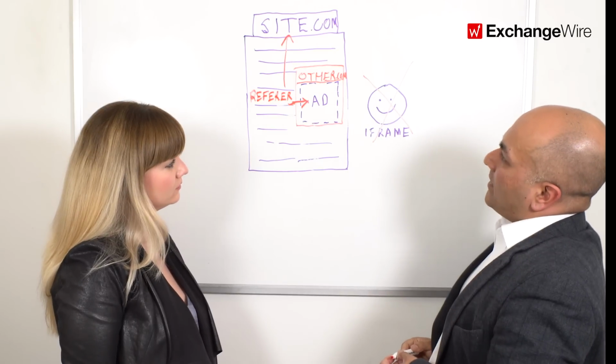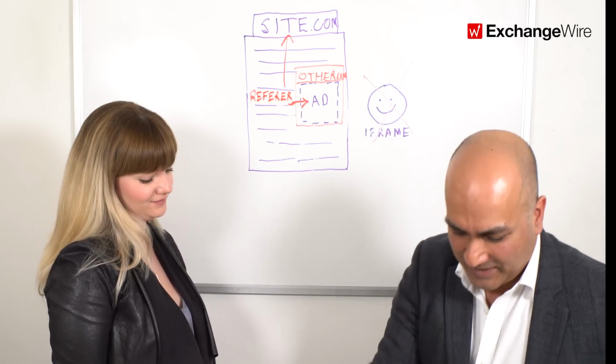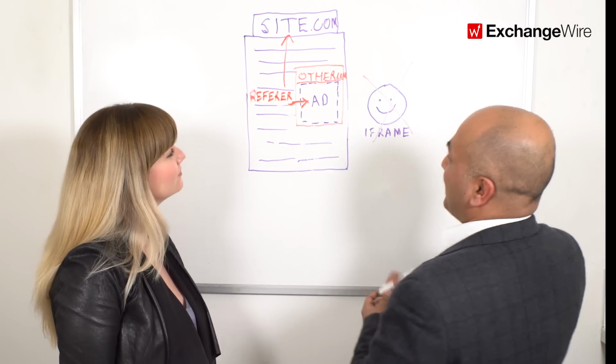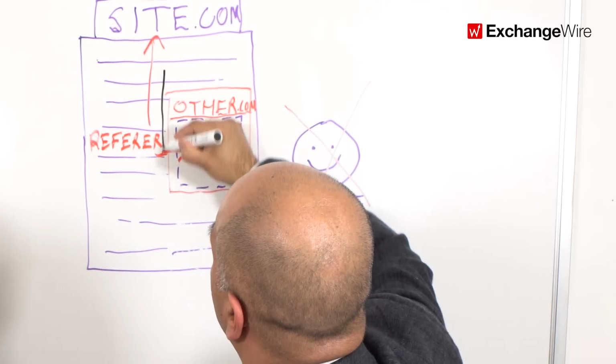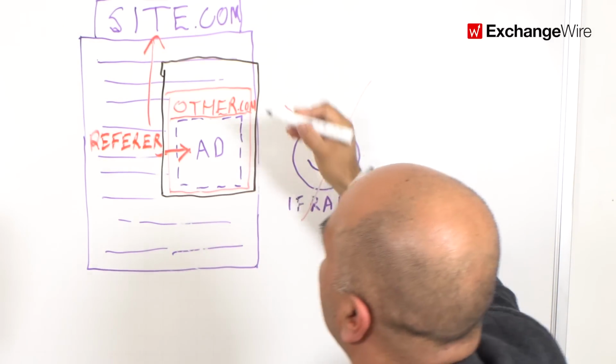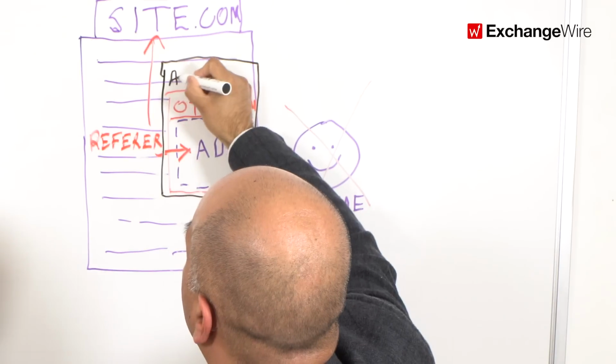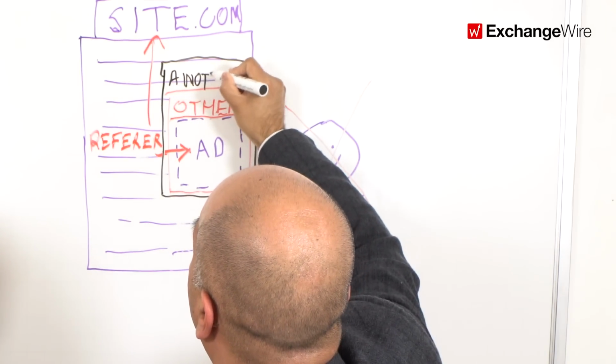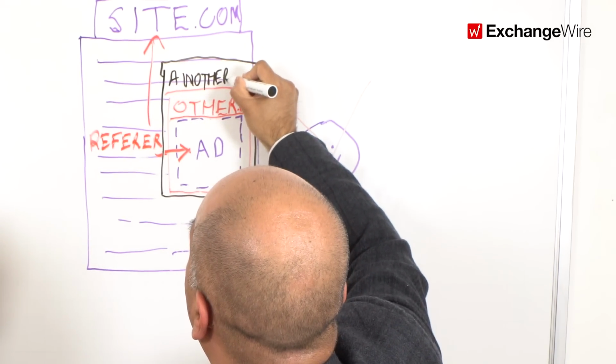Okay, but now it gets a little bit more complicated because we have another iframe. Especially when we have multiple companies in the loop in programmatic, here we'll have another .com.